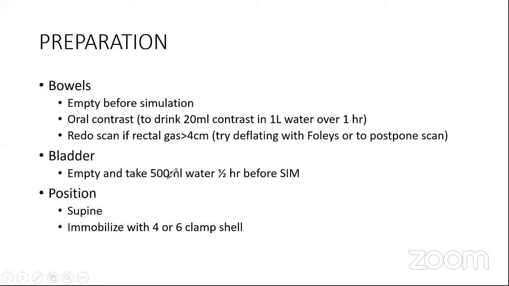This is going to be followed during the entire course of the treatment. Every time the patient comes for a treatment fraction, he empties his bladder and drinks half a liter, half an hour before the treatment fraction. That's the best possible way to ensure the same volume throughout the procedure.